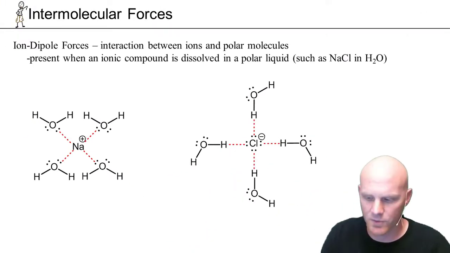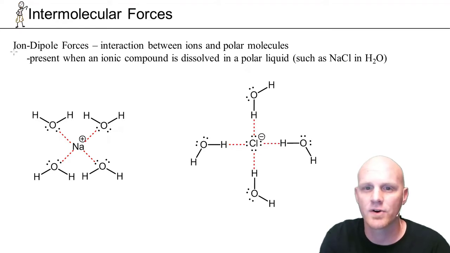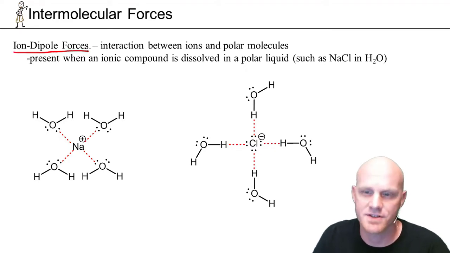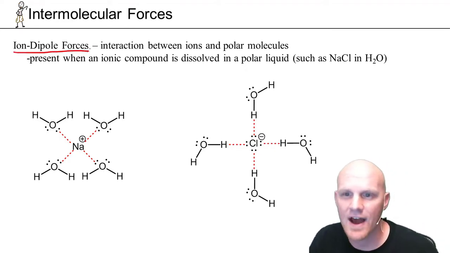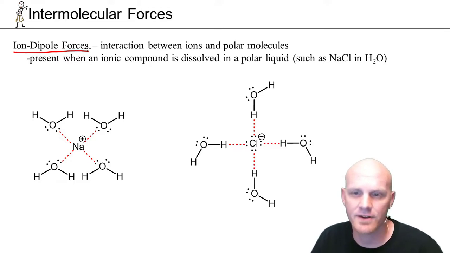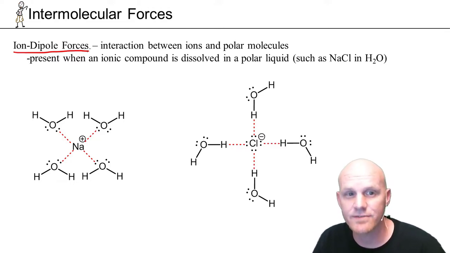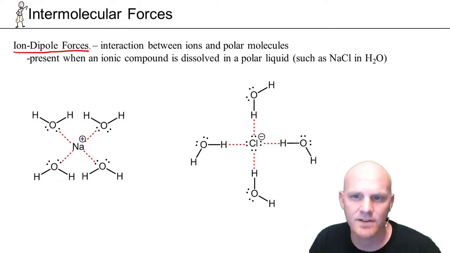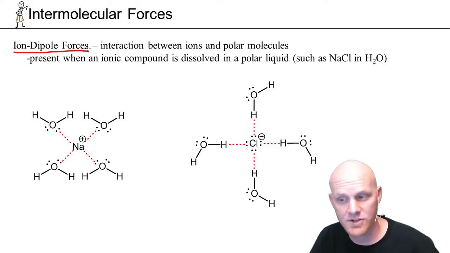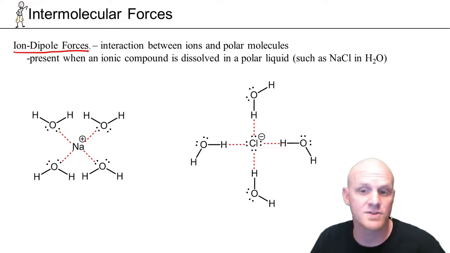All right, the last intermolecular force I want to talk about here are what are called ion-dipole forces. I haven't really mentioned them up until now, and I had them separate from the other three intermolecular forces on the original slide for a reason. Ion-dipole forces are only ever going to be present in a mixture. The other three intermolecular forces could be present in a mixture, but also could be present in a pure substance.